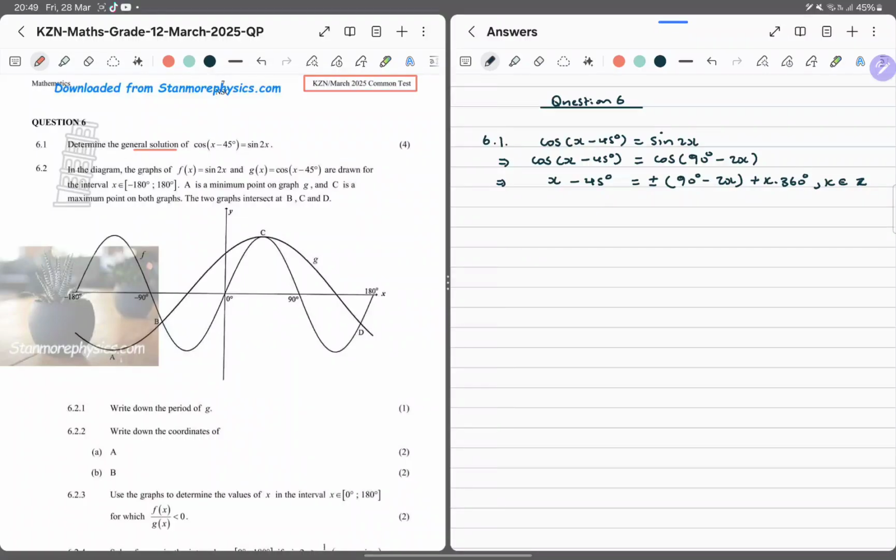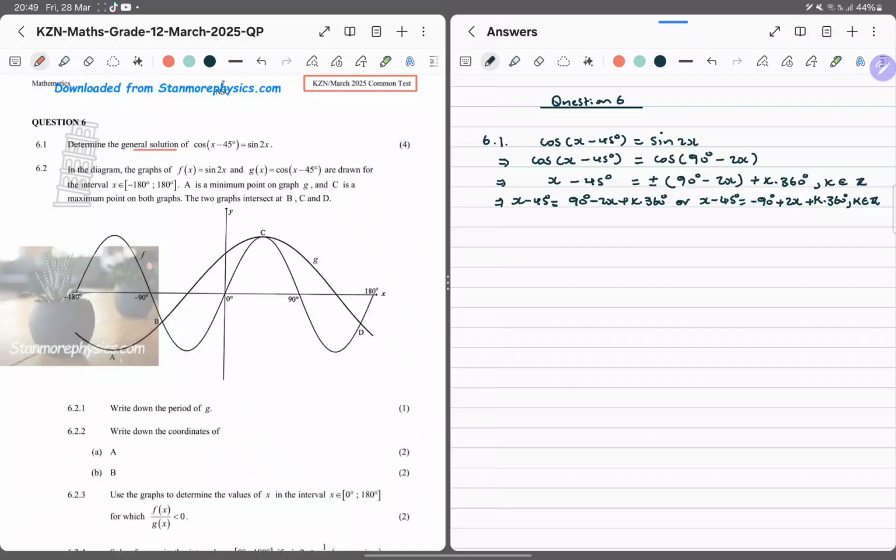Is it done? No, we need to isolate x. So this implies, now we do x minus 45 degrees equals, now when we take the positive one, it just remains 90 degrees minus 2x plus k times 360 degrees, or we say x minus 45 degrees equals, now the negative is going to give us minus 90 degrees plus 2x plus k times 360 degrees, where k, I don't know guys, I just write badly, is an element of integers, okay?